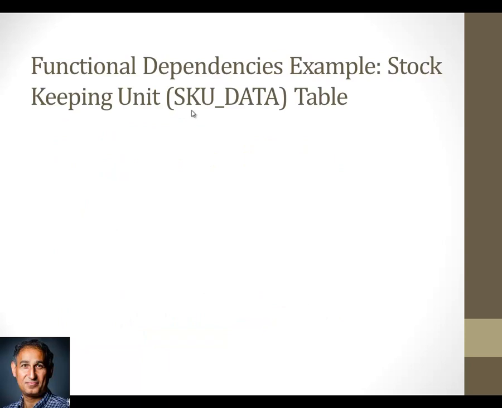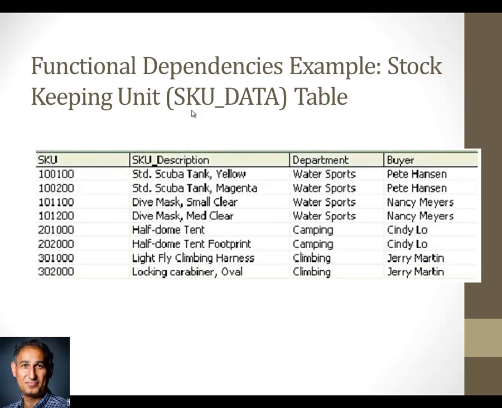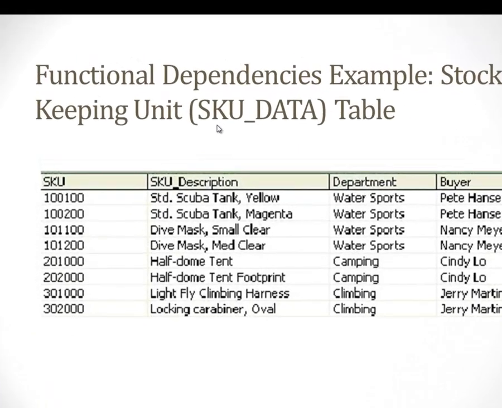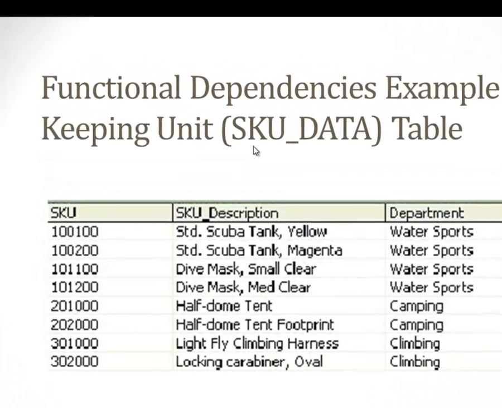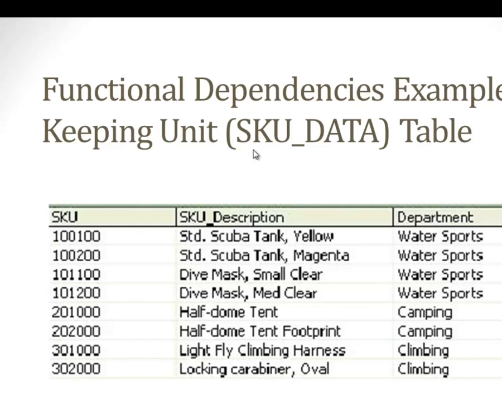Let's look at the following example. This table shown here represents water, sport, and camping items in a retail store. The table includes the stock keeping unit number, the description of the item, and the buyers of those items and the different departments.